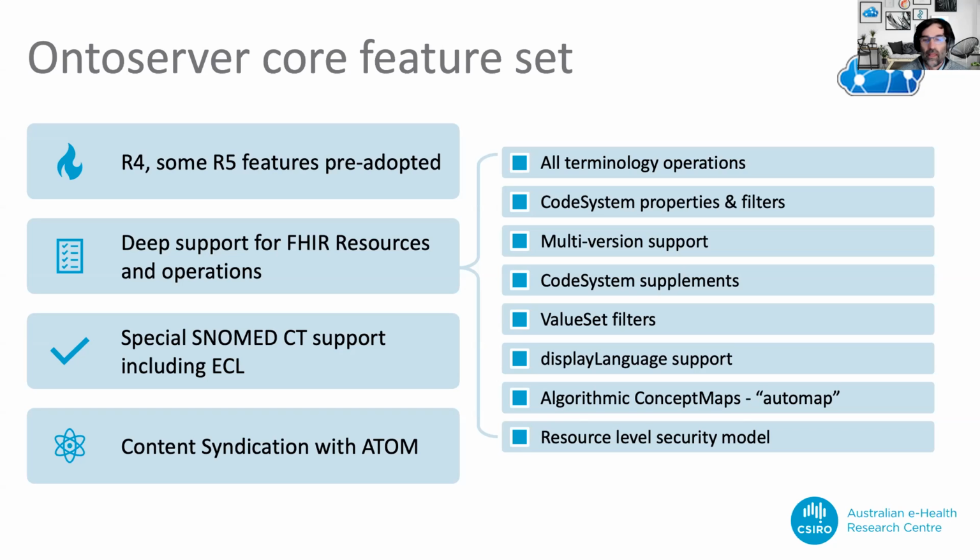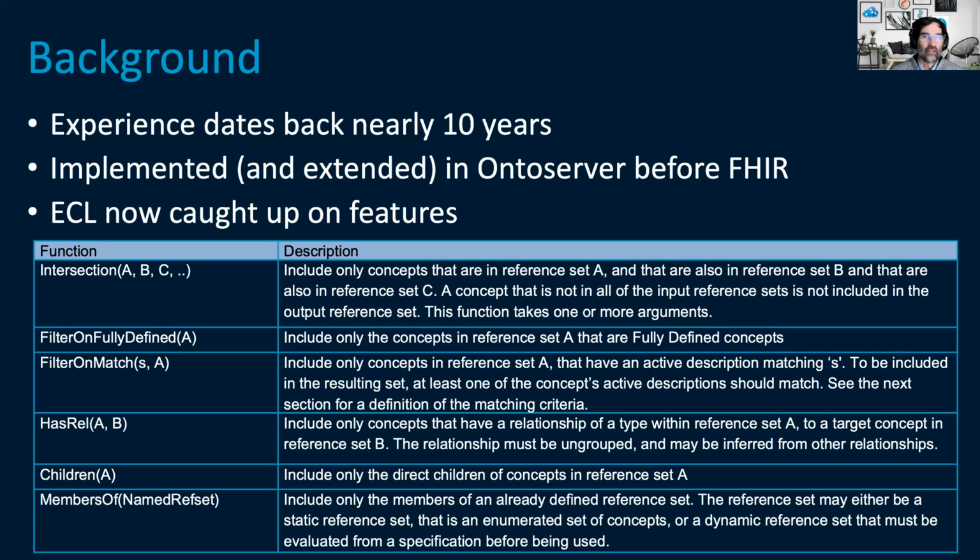So getting to the background here, the work on Onto server extends back more than 10 years. So there's a lot of history gone into it. But back in the very early days, nearly 10 years ago, there was a proposal for a SNOMED query language, which looked a bit like this. It had these keywords with brackets, and you built up expressions by nesting things together.